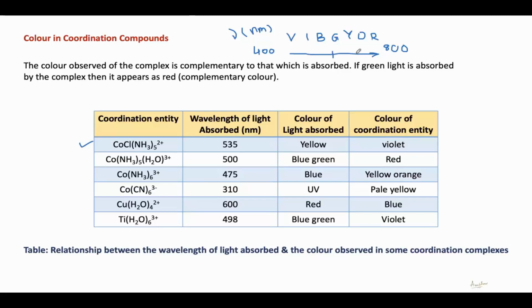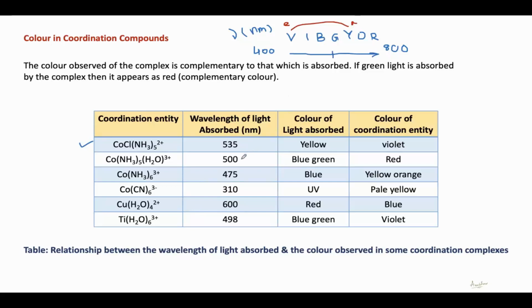The color of the compound is actually in the favor of the violet, which is on this side. So the yellow region is absorbing, but the color showing is actually violet. The absorbing, this is emitting. So absorbing in the yellow region, emitting in the violet region.